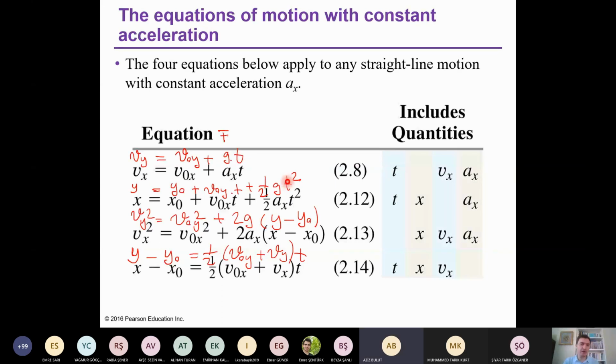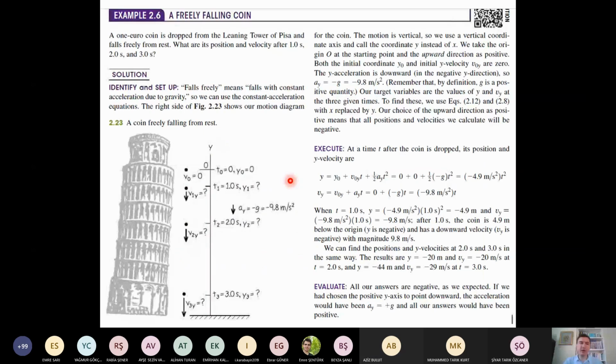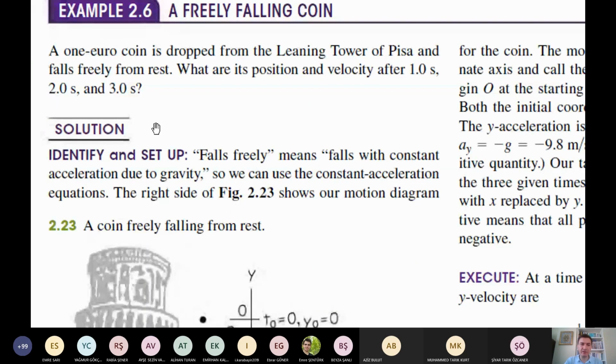Yes. Okay, thank you. Now let me continue with the example. Here we have the Leaning Tower of Pisa, and a one euro coin is dropped from the Leaning Tower of Pisa and falls freely from rest. So you leave the coin free from this position and it goes down.